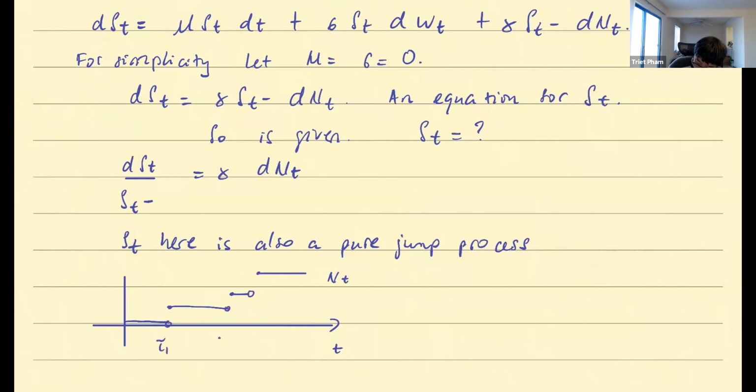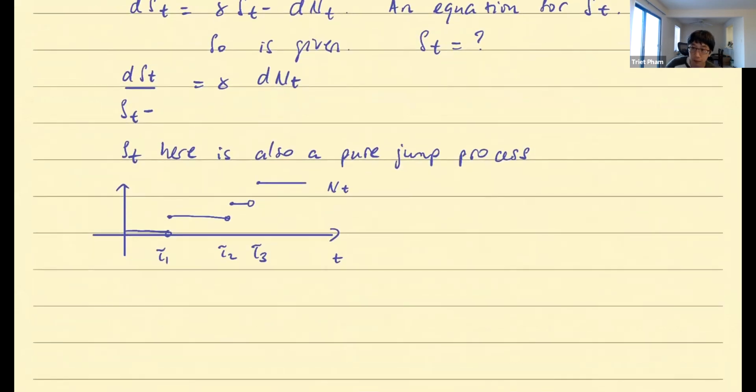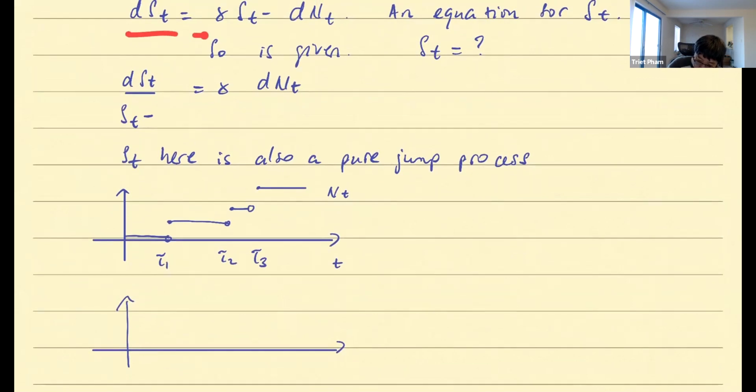So tau 1, tau 2, tau 3. Then what I say is that my stock must follow the same way. In other words, if this is the model, my stock must start here. Whoops, too far. Then it will jump, then it will jump, then it will jump.